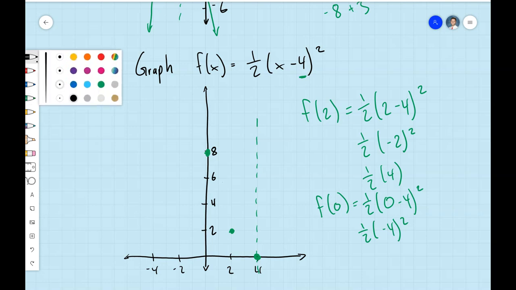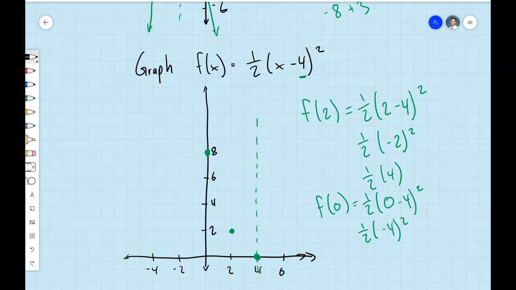Now if I extend my graph a little bit this direction, I should have a point at 6, 2, and at 8, 8. And now I've got quite a few points that I can use to help draw the parabola.